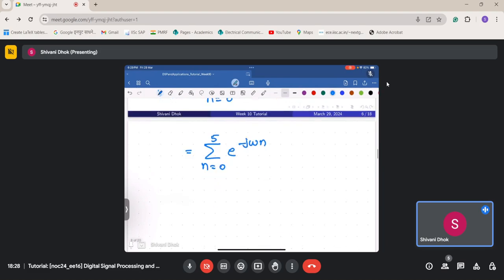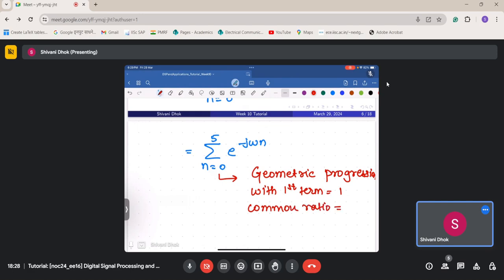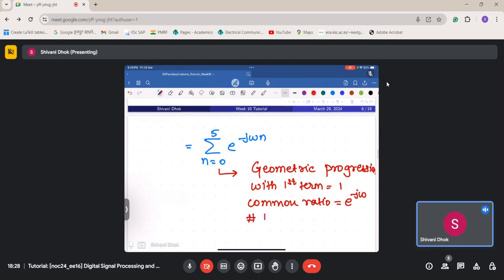Now we know that this is a finite geometric progression, with first term as 1, common ratio as e power minus j omega, and number of terms as 6.